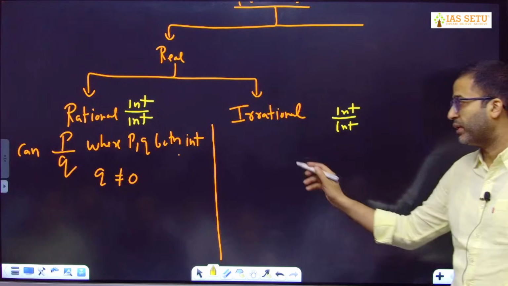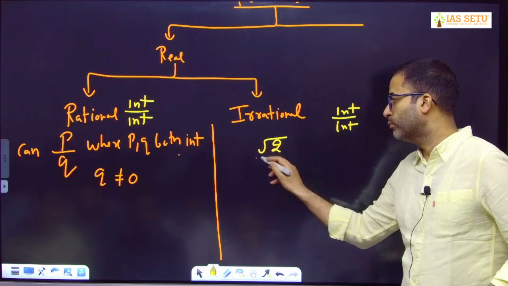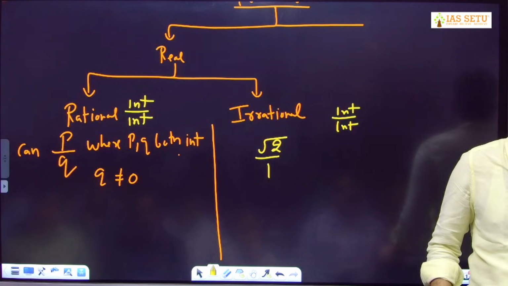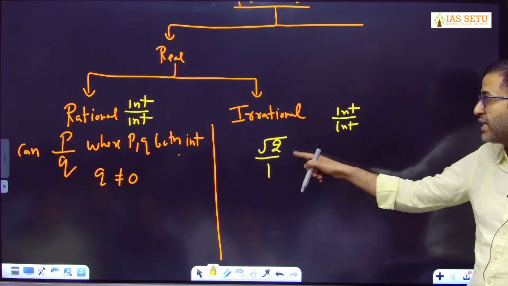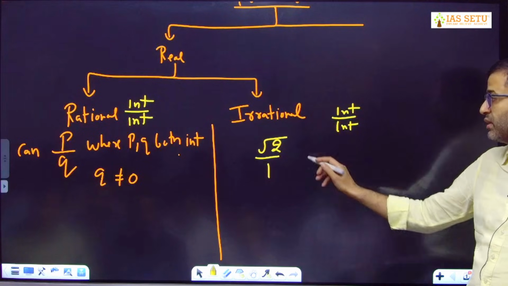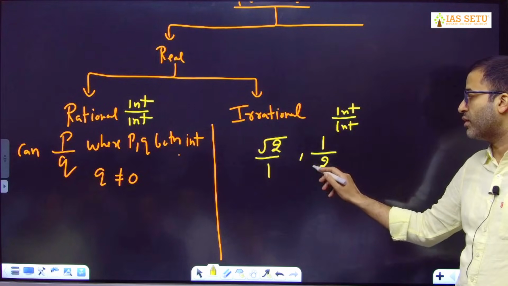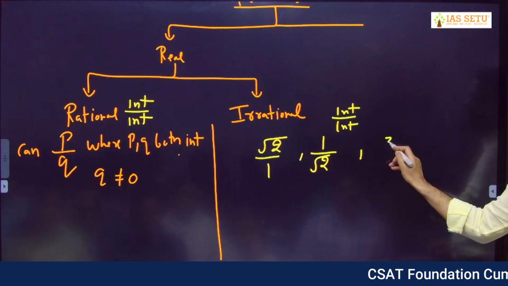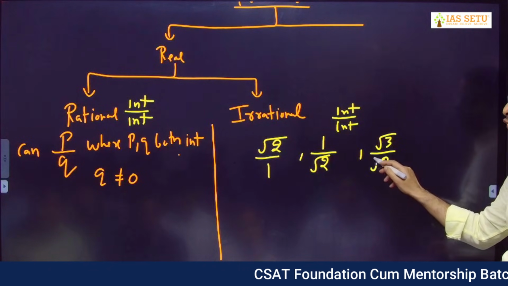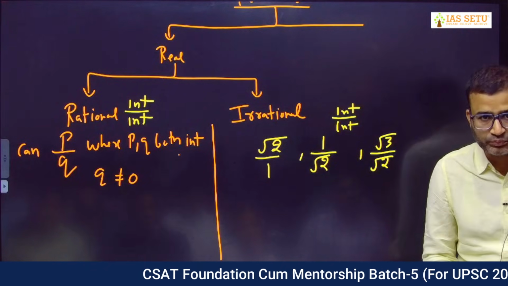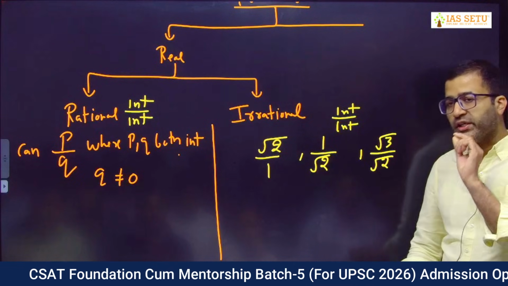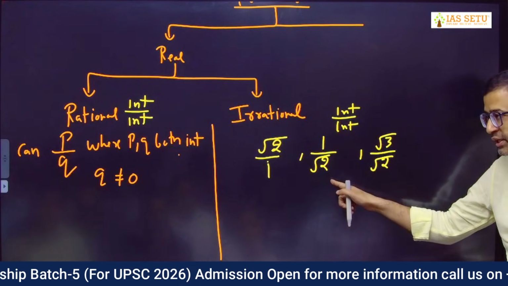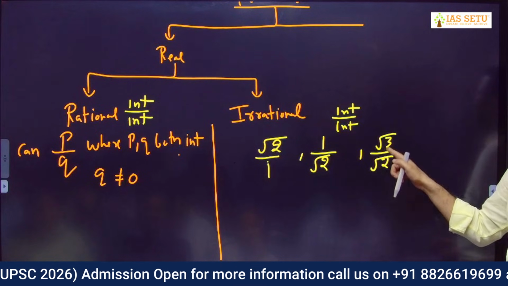I give you example like under root 2 by 1. This under root 2 is not integer, it is non-integer upon integer, that's why it becomes irrational number. 1 upon under root 2 is also irrational number. Under root 3 upon under root 2 is also irrational number.